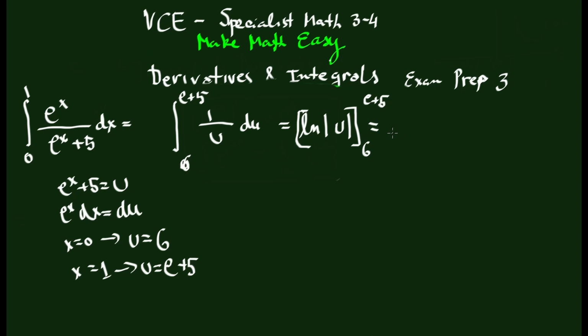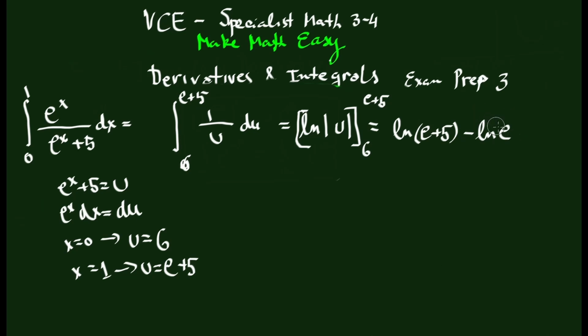So that becomes ln of the absolute value of e plus 5, which is just e plus 5, that's positive anyway, minus ln of 6.